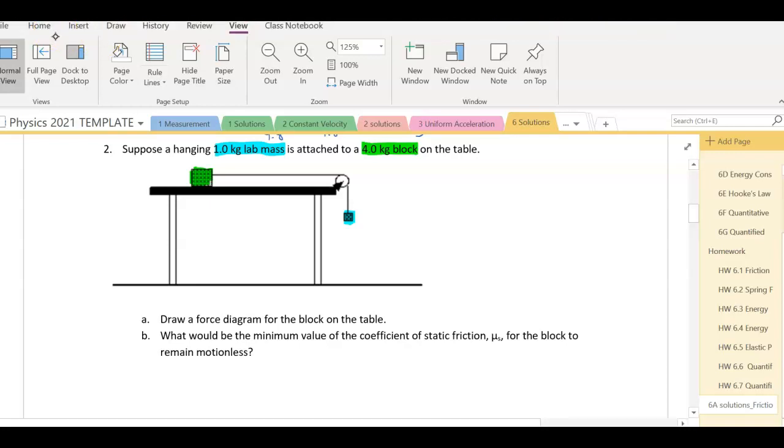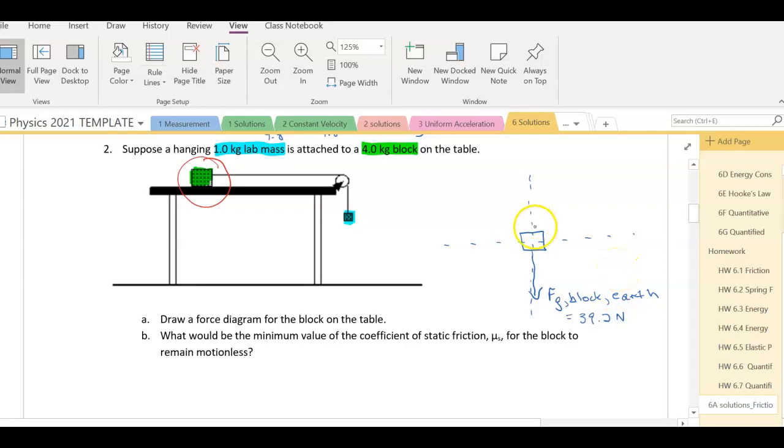We're going to do a force diagram for this block. I'll start with the weight of the block, which is 4 times 9.8, so that's 39.2 newtons.